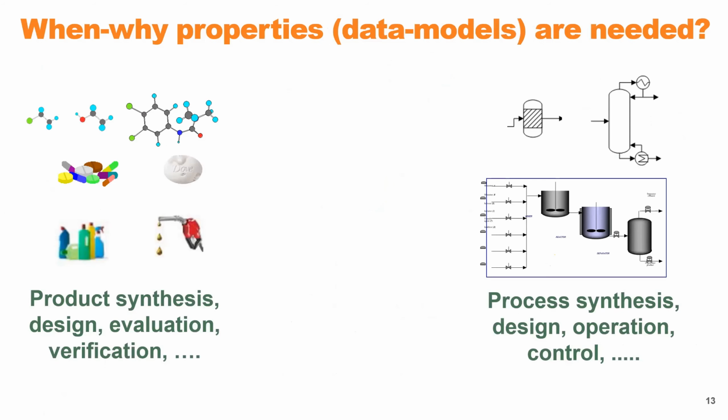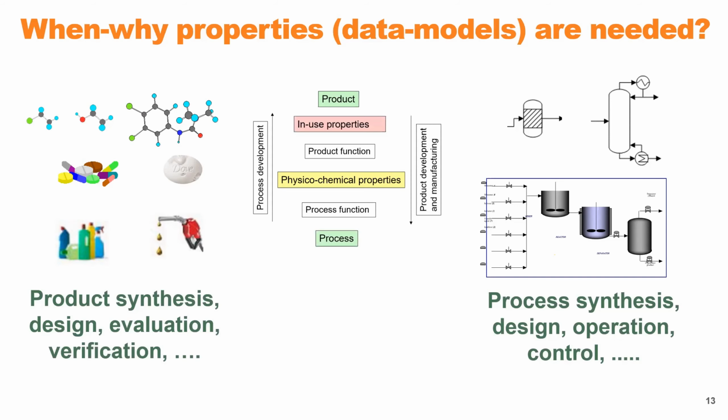So with this as the background, let's look at the classification of properties. On the left, you see chemicals, and chemicals then converted into products. On the right, you see operations where chemicals are involved. So what are the properties? The text highlighted in yellow are the fundamental basic properties.